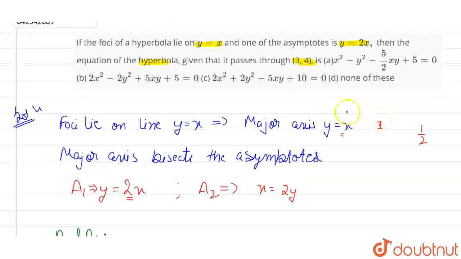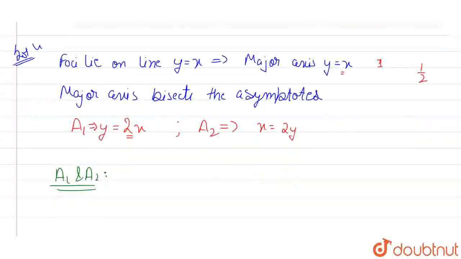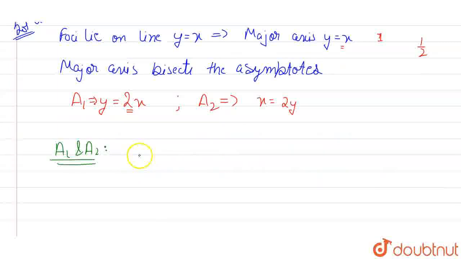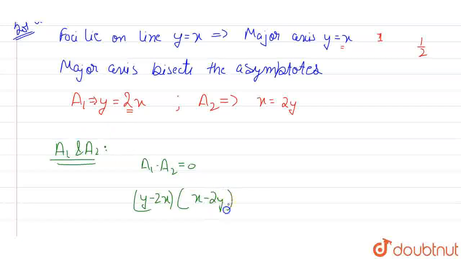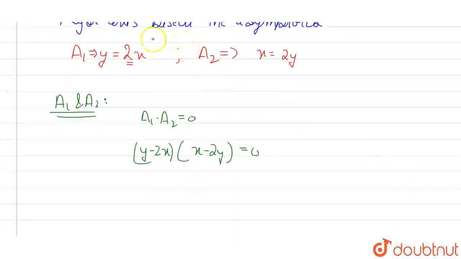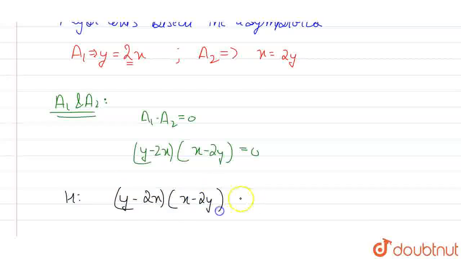If I take their product, A1 times A2 equals 0, so this will become (y minus 2x) times (x minus 2y) equals 0. Now to find the equation of the hyperbola, I have to add a constant here, as we know from the basic concepts of the hyperbola.